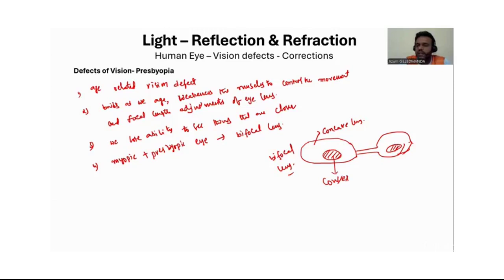So that's an age-related defect, and we lose the ability to sometimes see things closer. So a person who already has a myopic eye, as they pick up age, will need bifocal lens to focus on long distance, that is concave lens, and to read things or small objects nearby, very close by, using the convex lens.